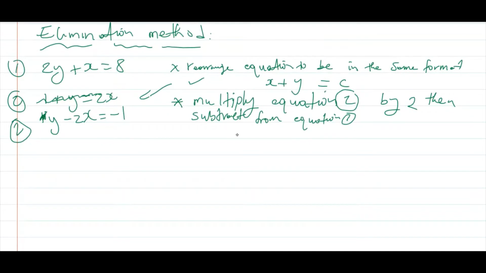When we multiply equation 2 by 2, we form a new equation, so we need to give it a new number. That will be 2y minus 4x equals negative 2. This is equation 3 now, because we changed equation 2 by multiplying by 2.